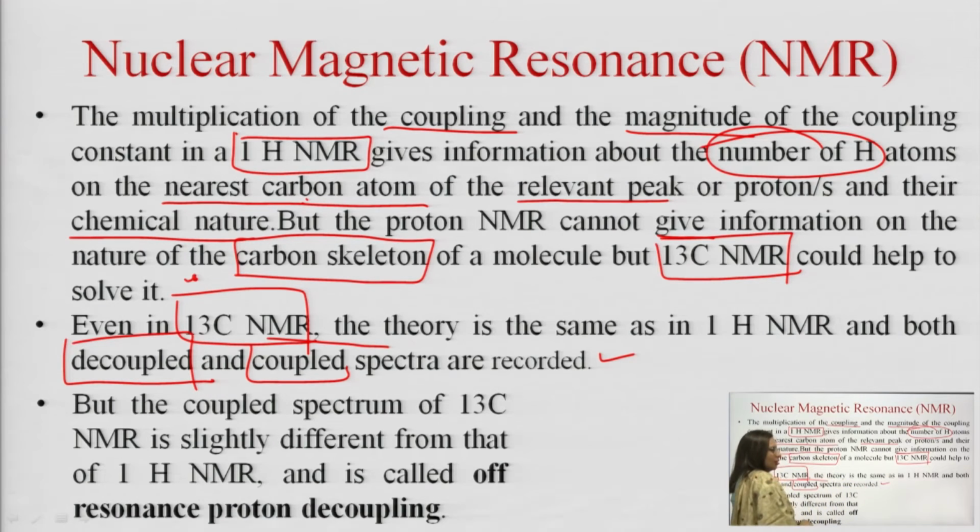In both techniques, decoupled and coupled spectra are recorded. In case we are to elucidate or deduce the chemical structure, coupled spectra are also recorded along with decoupled spectra for each of 13C NMR and proton NMR.